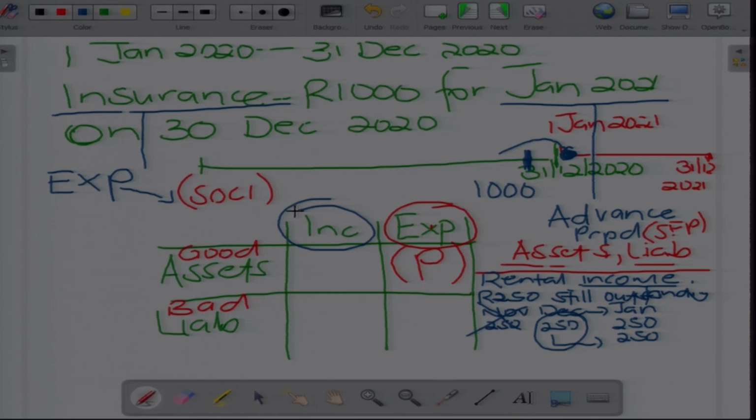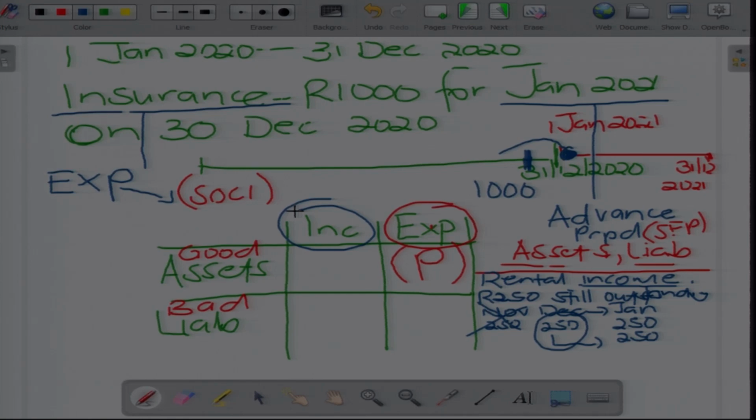It is not good for you, because in January you cannot pay me 250, you need to pay me 500 rand. So it is an income that is outstanding, called accrued income, right?